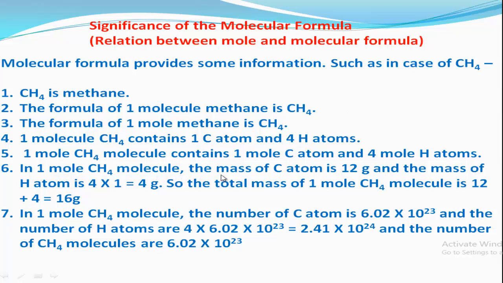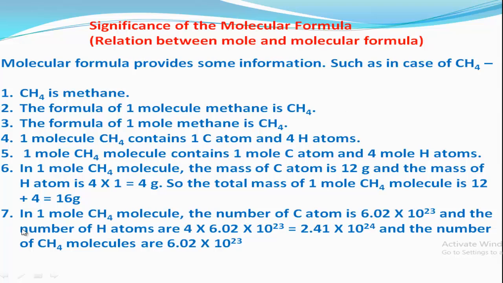In 1 mole methane molecule, the mass of carbon atom is 12 gram and the mass of hydrogen atom is 4 gram. So the total mass of 1 mole methane molecule is 12 plus 4 equal to 16 gram. I hope you can easily understand. So the molecular mass of methane is what? 12 plus 4 equal to 16 gram.